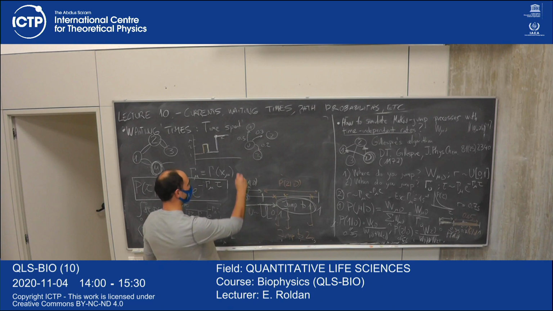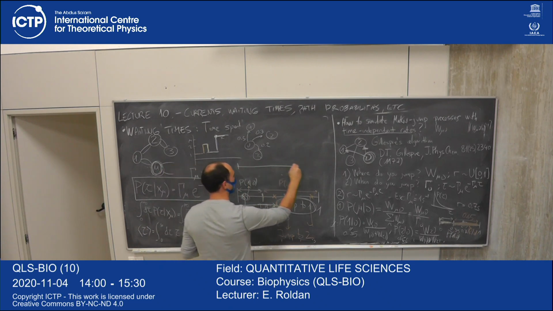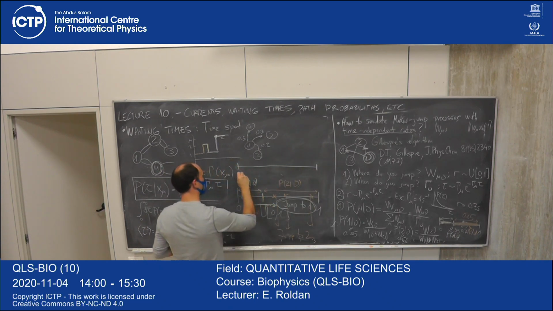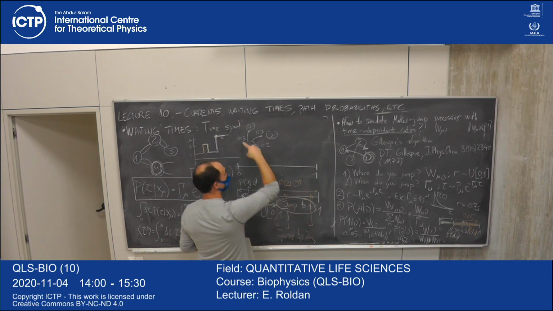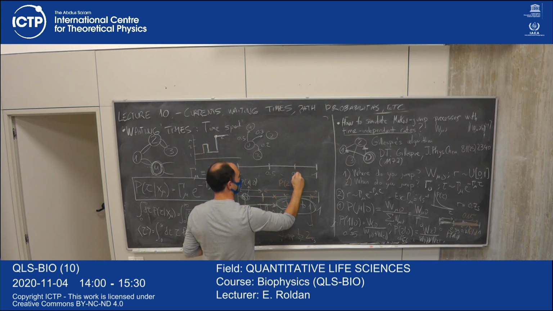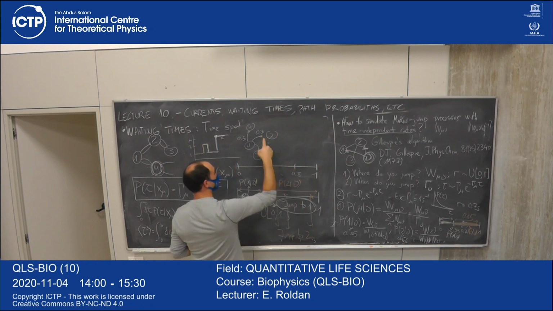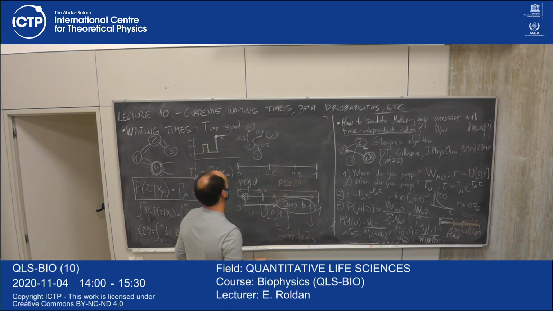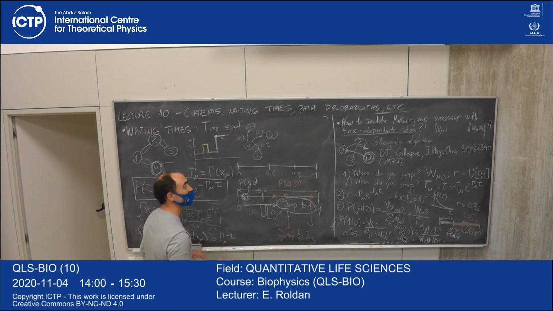How you do it is you have the line 0 to 1, and you divide it in one interval that ends at 0.5, the next interval at 0.8, and the last one at 1.